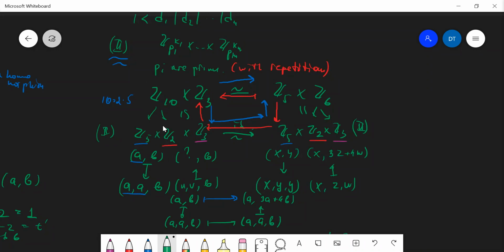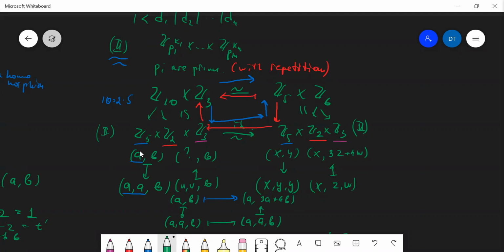And if I want to produce a map, I can write down the map using elements. So what is a map from this guy to this guy? It is a rule which takes an element here. What is an element here? It's a pair, A and B, where A is from Z10 and B is from Z3. And if I want to produce an element from the bottom group, I need to produce a triple. So how do I produce a triple here from a tuple here?